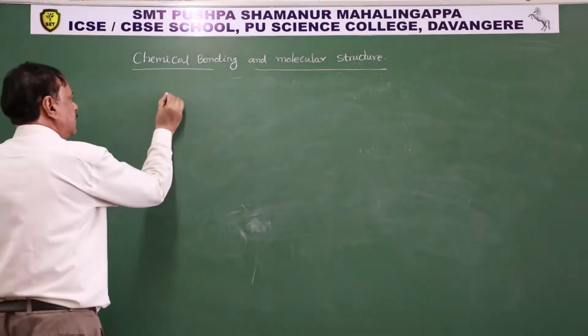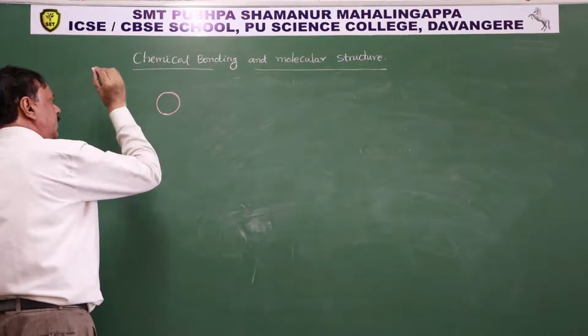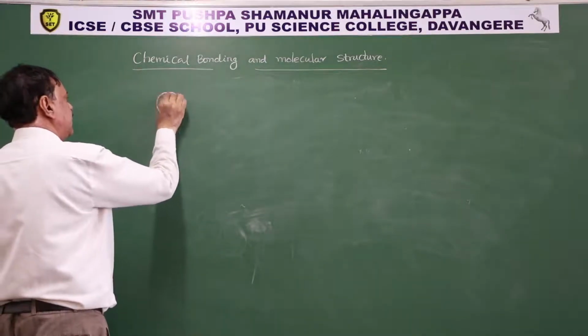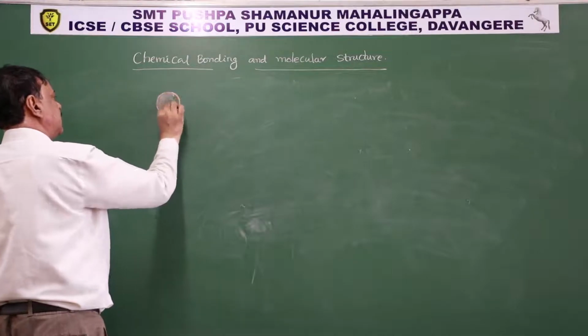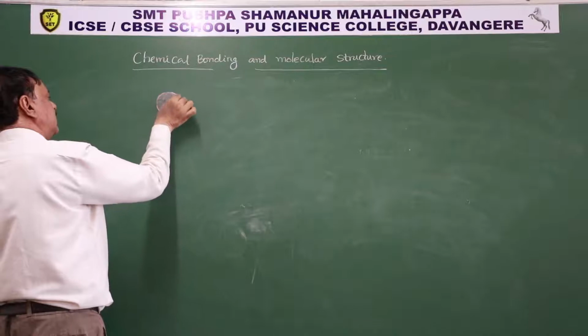See here, this is S atomic orbital. You know that S atomic orbital is a spherical shaped atomic orbital.